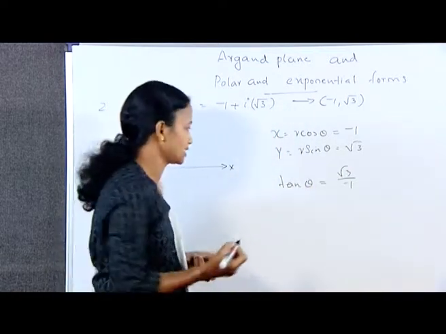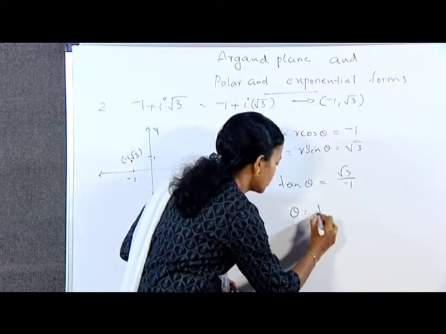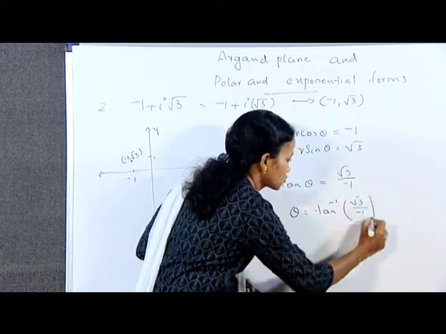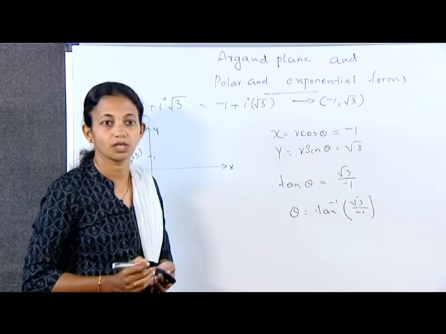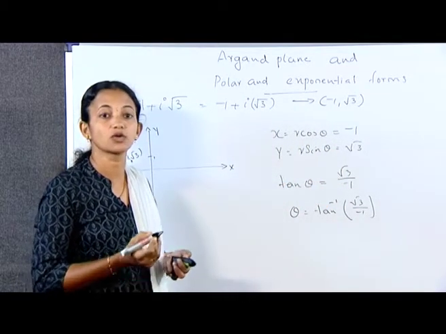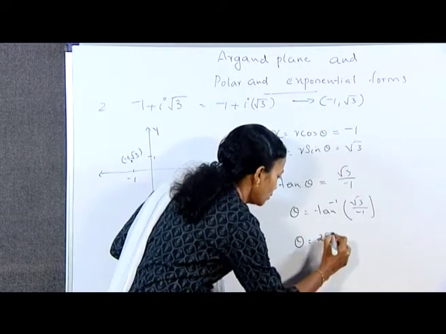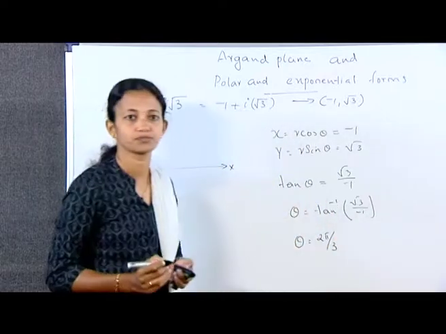That is, theta is equal to tan inverse of root 3 by minus 1, which gives the value theta is equal to 2 pi by 3.